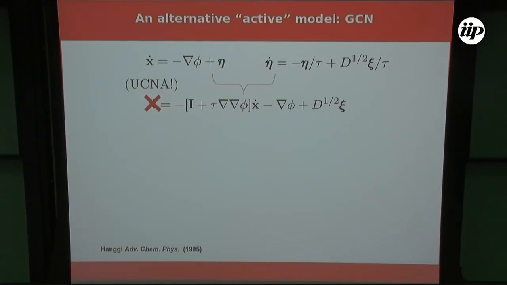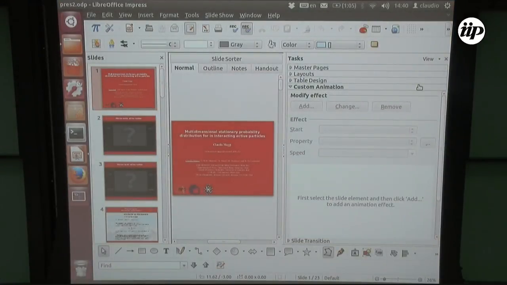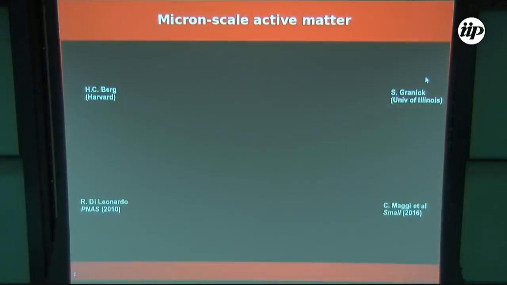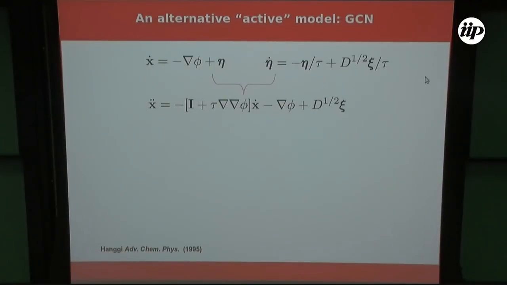And if you look at it, it's kind of intuitive what you do when you neglect this, because this plays the role of some sort of non-homogeneous friction.